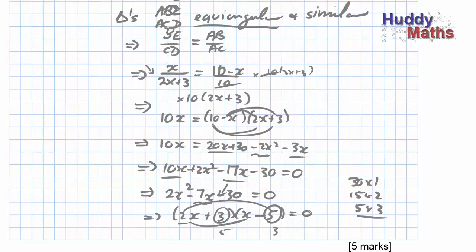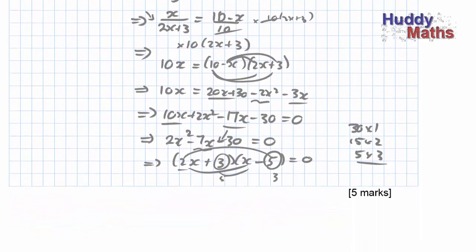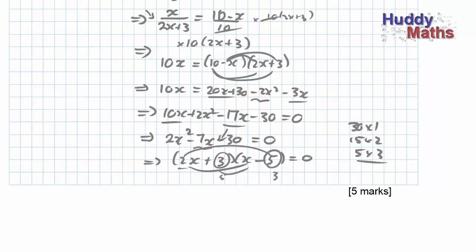That gives you negative 10x plus 3x, which gives you negative 7x. So now, of course, we can say here that 2x plus 3 is 0, or x take 5 is 0.